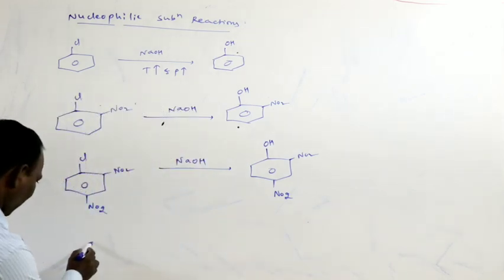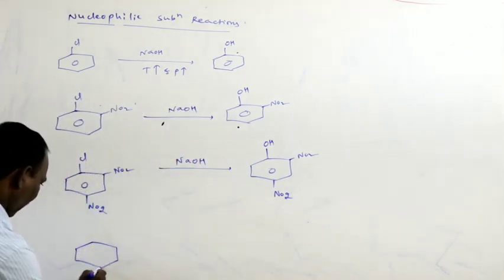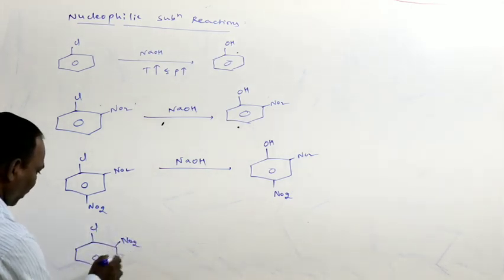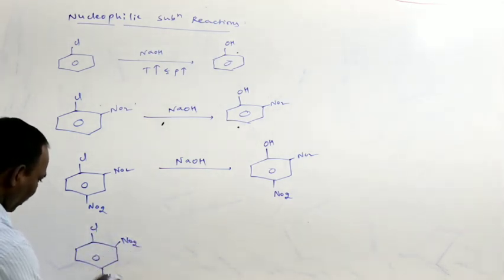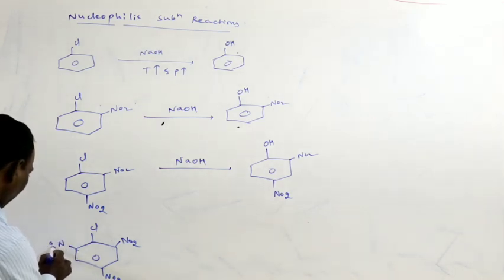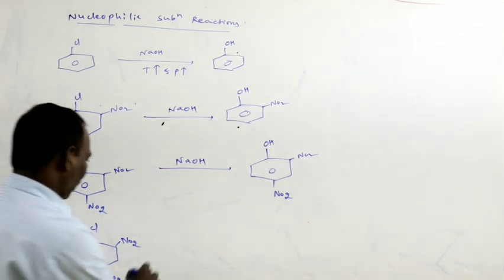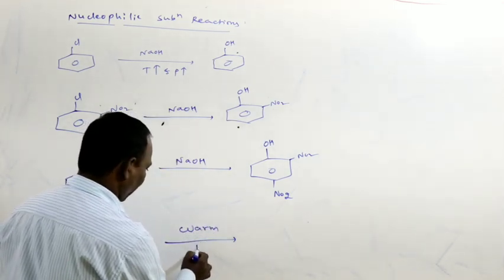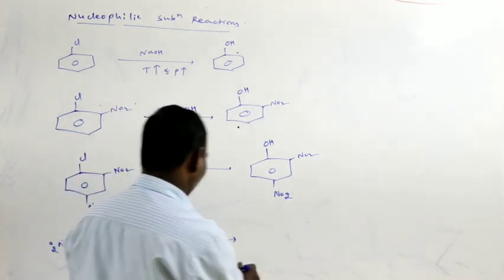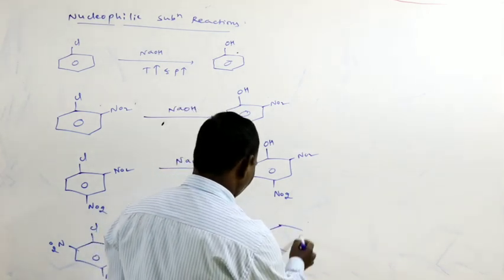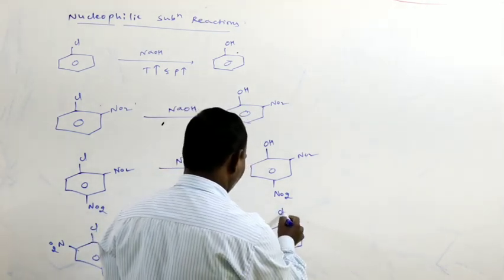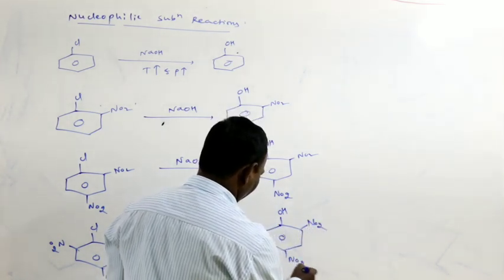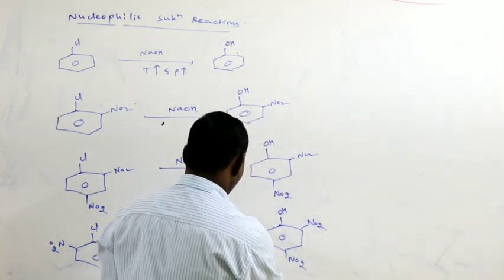Okay, similarly here, with three electron withdrawing groups, chlorine and NO2, here NO2 and NO2, trinitrochlorobenzene, with warm water, just warm water is enough. Here in the nucleophilic substitution reaction, the OH group, NO2 group, NO2 group, and here another NO2 group.